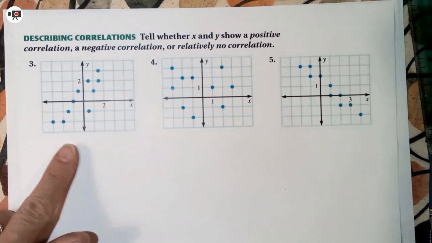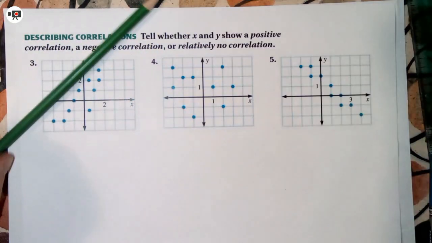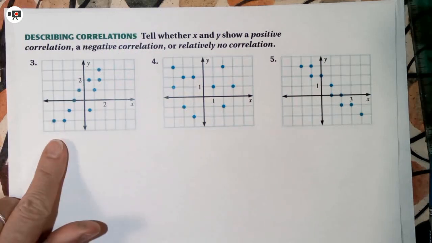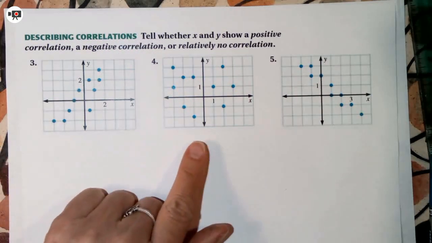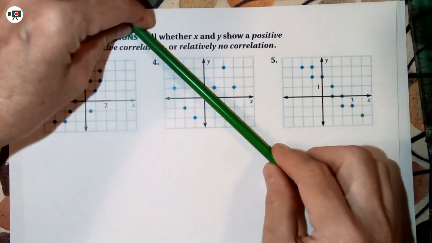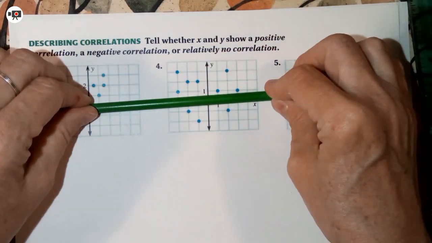Okay, when I look at this one, I see a trend that basically goes like this. So I would call this a positive correlation. When I look at this one, I say, well, that's pretty good. Well, that one's not bad.